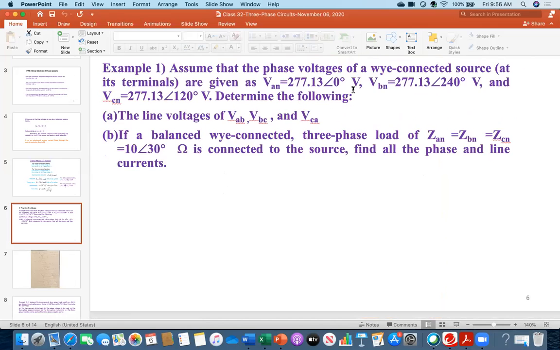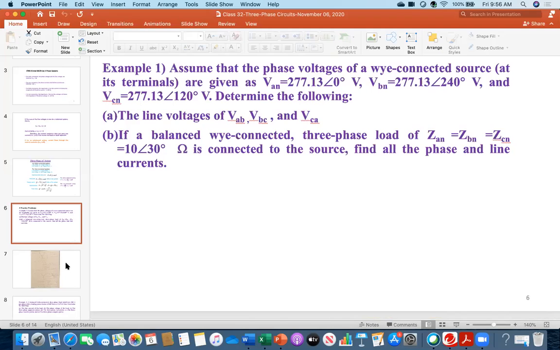So this means in the first part, it was only the source, the Y connected source. That is the power source. But then with this power source, a Y connected three-phase load is connected. And in all three phases, you see, Zan, Zbn, Zcn, all three phases have the same magnitude of the impedance. So under that condition, find out all the phase and line currents.